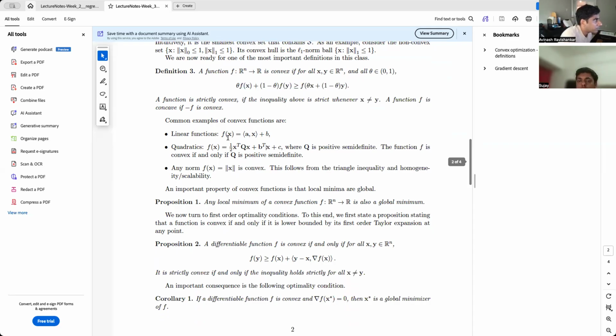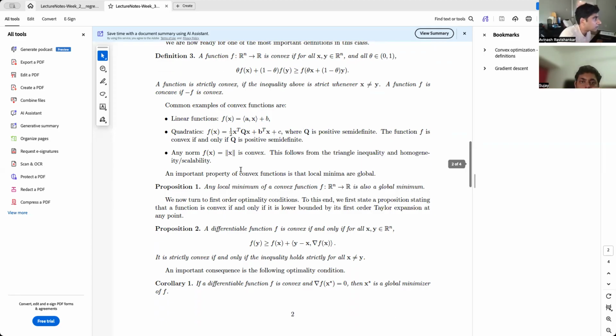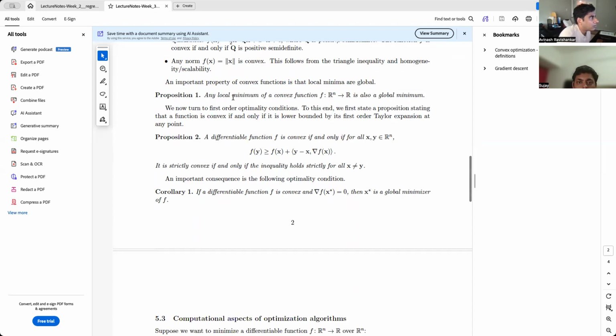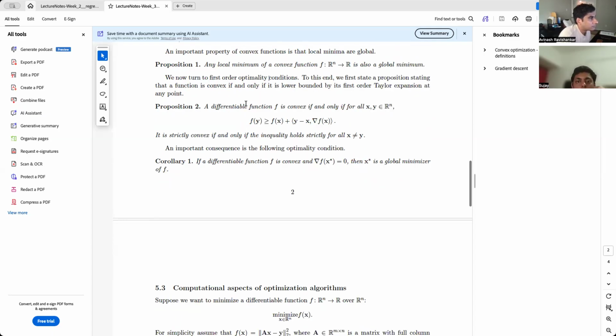Common examples of convex functions: linear, quadratics, parabola, any norm. The norm function is always convex too. He said that's one to remember. Proposition: any local minimum is a global minimum. So we always have a global minimum in our convex function. That's the whole purpose of this. For a differentiable function, I could set the gradient equal to 0 as well.